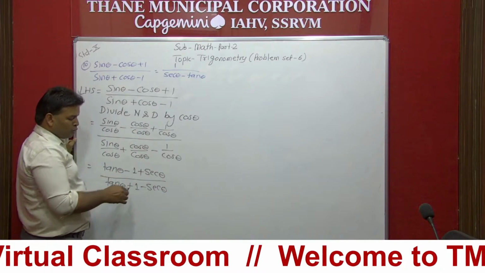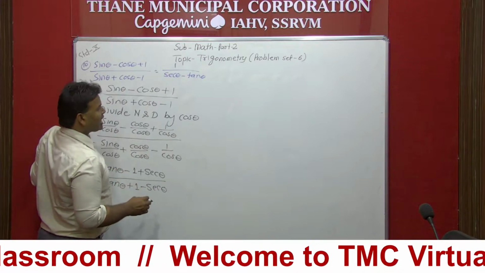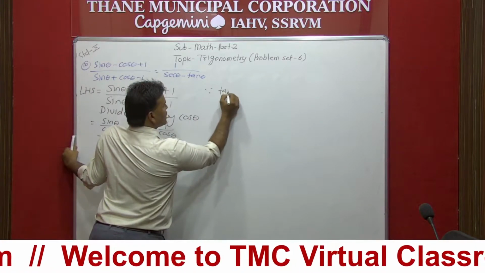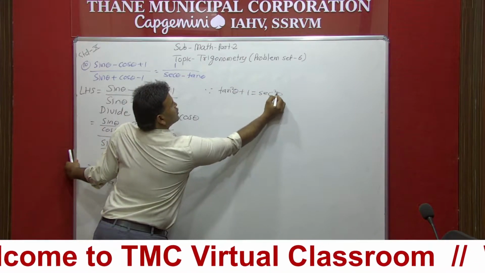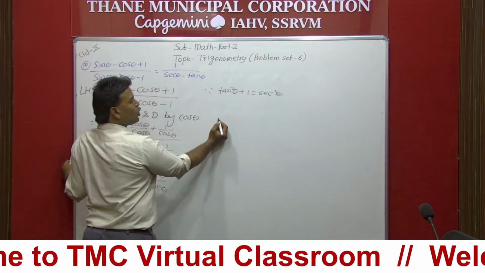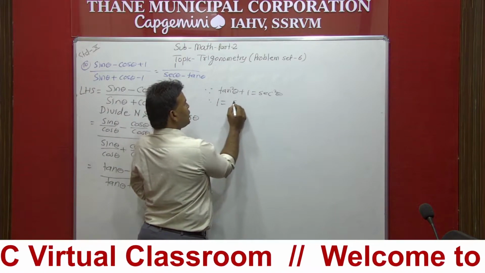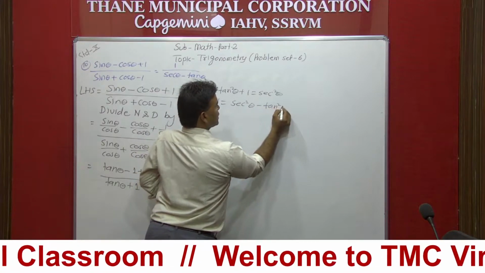So what am I going to do? I will replace this one with one of the identities. As we all know, tan square theta plus 1 is equal to sec square theta. So I will transfer this to this side. So 1 is equal to sec square theta minus tan square theta.